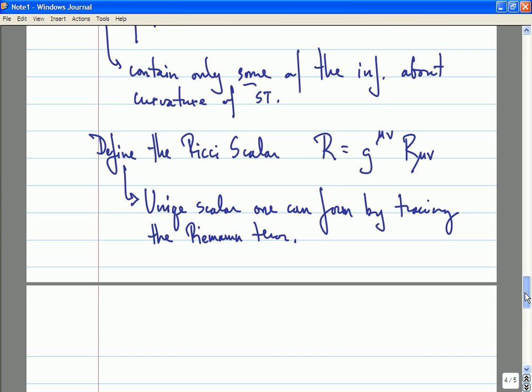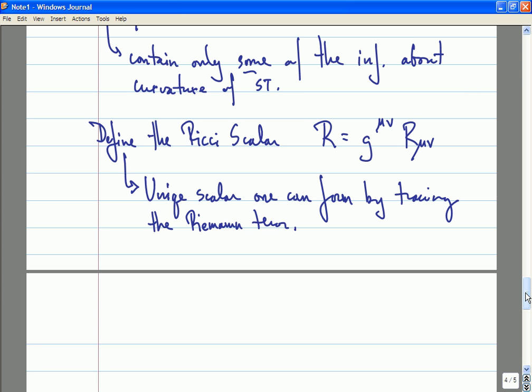The Bianchi identity was an identity involving the first derivative of the Riemann tensor. And one can check, and by one I mean you on your next problem set, that the Bianchi identity also implies an identity for the Ricci tensor. If you contract one index of your covariant derivative with an index of the Ricci tensor, what do you get? You get something involving derivatives of the Riemann tensor with one free index.